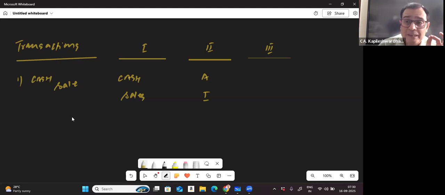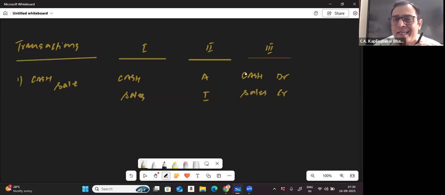So when you put an entry, you need to get into the habit of writing the debit part first and then the credit part later. So we'll put the entry: cash, debit; sales, credit. When you put the entry, we never say sales, credit, and cash, debit. The art of writing the entry is you write the debit first and then the credit.